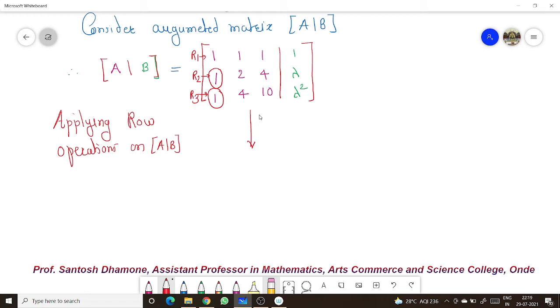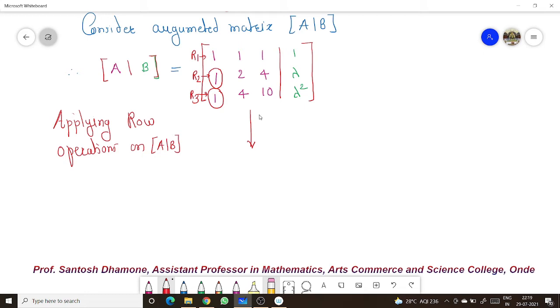First row as it is: 1 1 1 and 1. Second row, there is no change, therefore 0 1 3 and lambda minus 1. In the third row there are changes due to row 3.